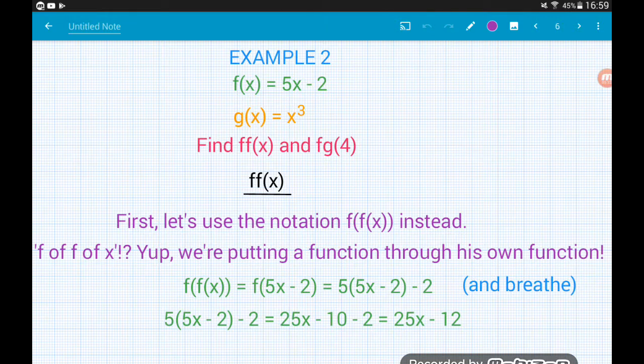So that gives us 5 lots of 5x minus 2, minus 2. Again, this has come from the x turning into the f function. If we expand the brackets, 5 lots of 5x minus 2 will eventually become 25x minus 12. So f of f of x is equal to 25x minus 12.